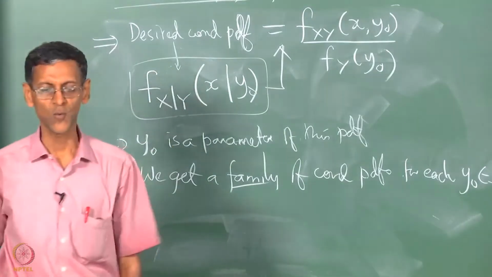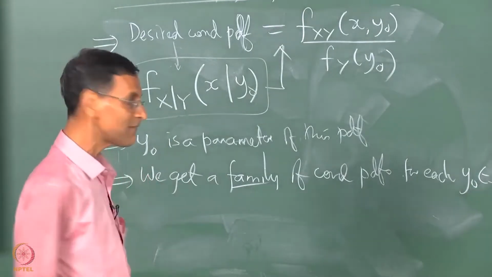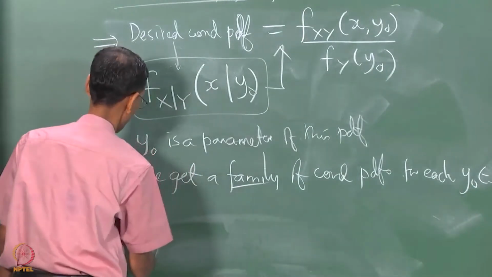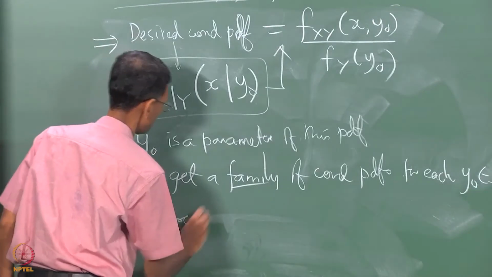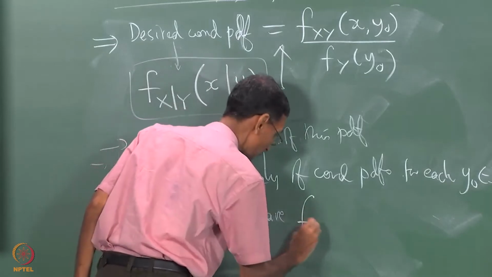There is no reason, of course, why you have to condition only on y. You can equally well condition on x. So likewise we will have f of x, y given x.